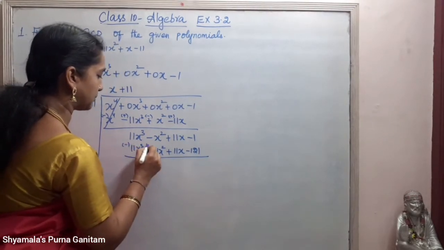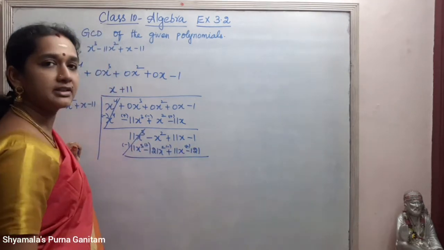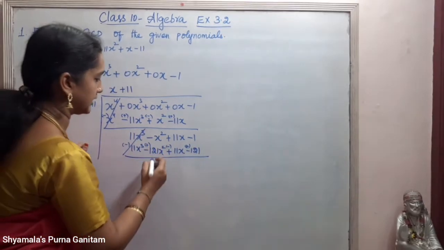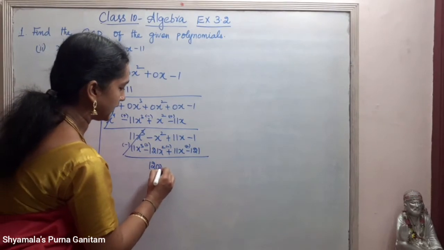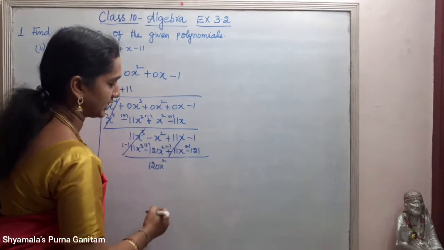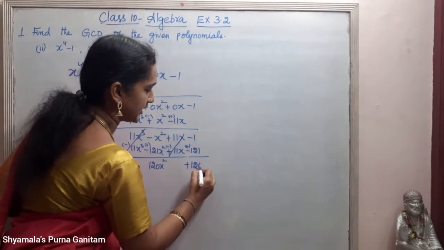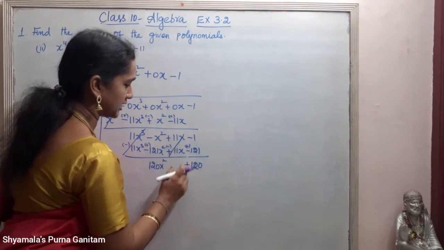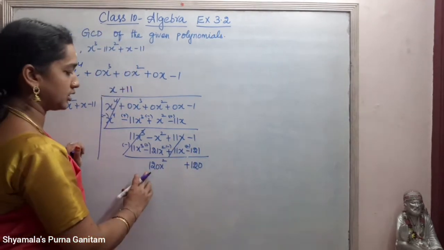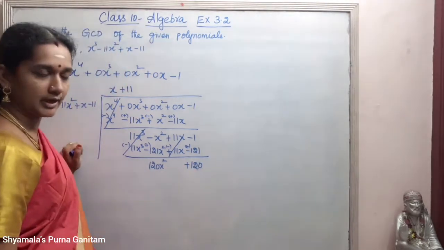So now if we subtract, 11x cube term will get cancelled. Here it will be 120x squared. Here plus 11x minus 11x will get cancelled. Then here also plus 120 will get. 121 minus 1, 120 will get. So this is 120x squared plus 120.